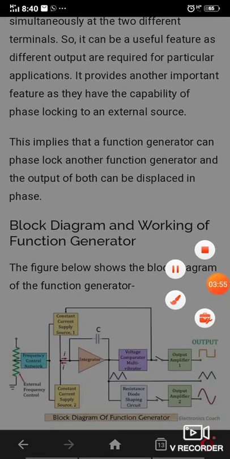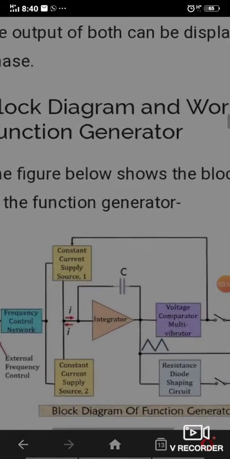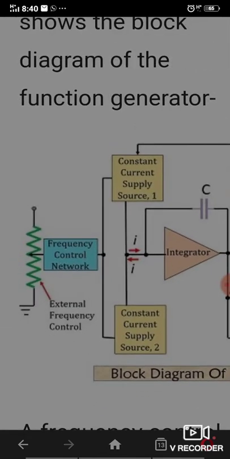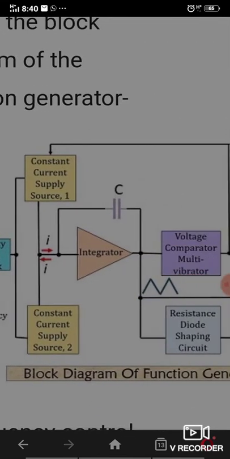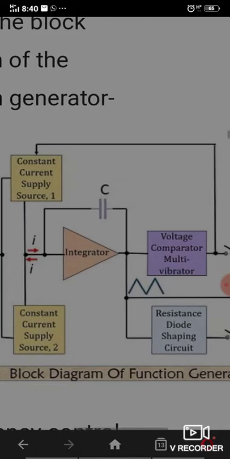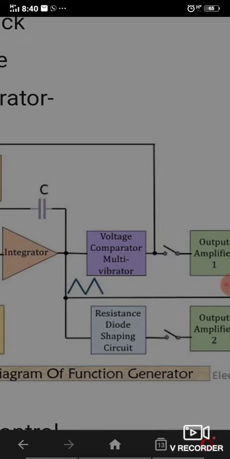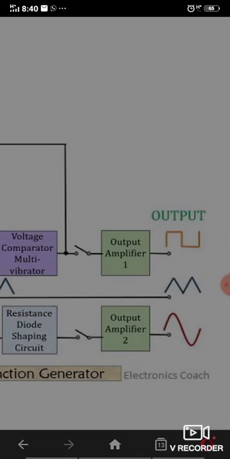Block diagram of function generator: frequency control network, external frequency control, constant current supply source, integrator, voltage comparator, multivibrator, resistance diode shaping circuit, output amplifier.